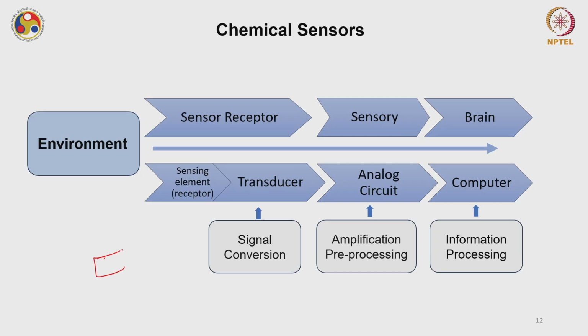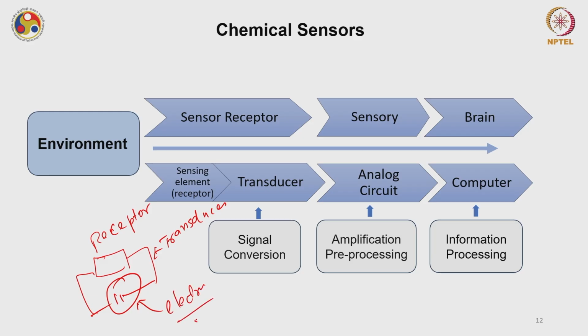The process of gas sensing is also very similar to this natural process, except that we have a receptor and a transducer. And of course then I have a whole electrical circuit.